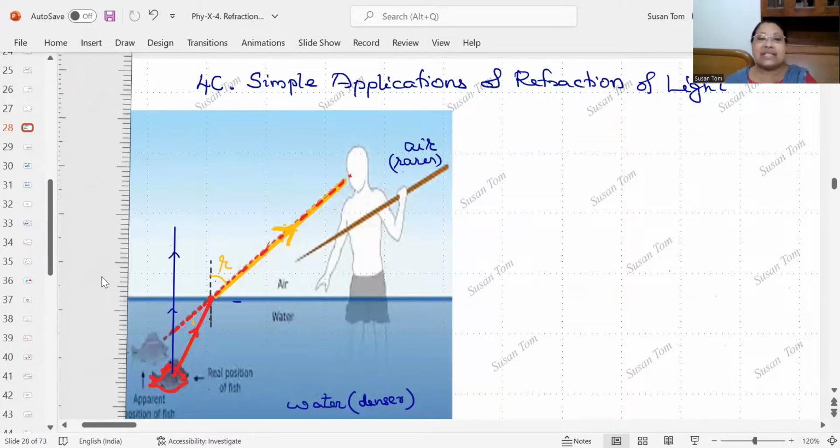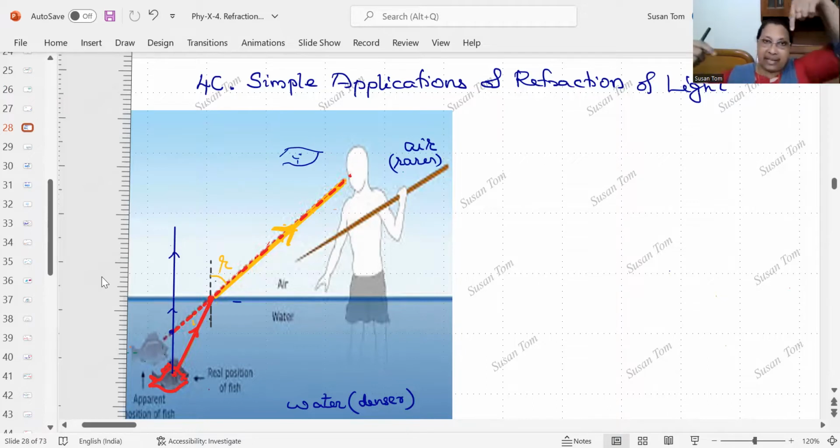And if the person's vision is in between these two refracted rays, and the person is viewing this object, its image will be seen formed at the intersection of these two refracted rays.